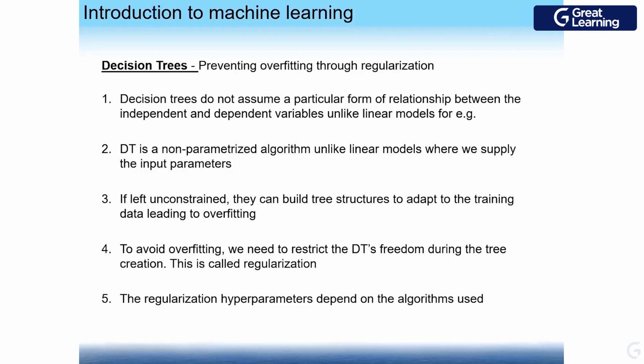I'm deliberately showing test error slightly higher than training because usually when you break your data into 70-30, you give more data for learning, less data for testing. 80 for training, 20 for testing. Obviously it makes sense. You give more data for the algorithm to learn from and less data for the algorithm to test on.